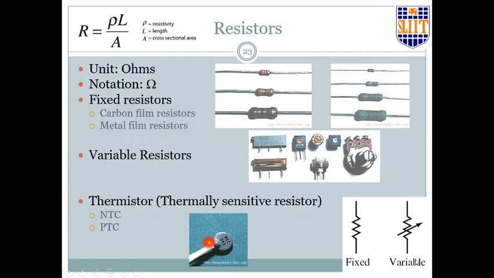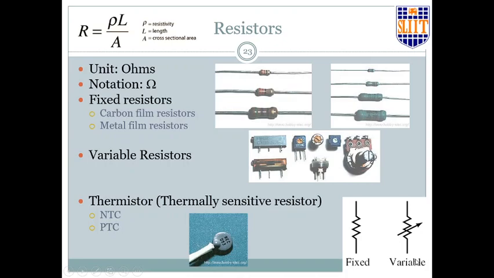The next type is the thermally sensitive resistor. We call it a thermistor, where the resistance of the device changes with temperature. By the way, I forgot to mention these are the two symbols: fixed resistor, variable resistor.